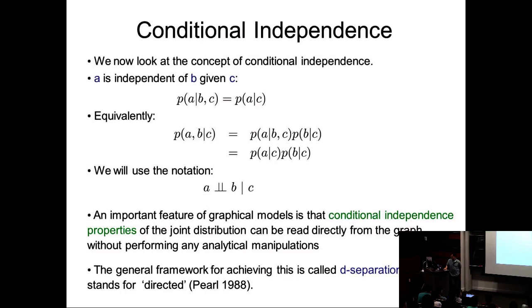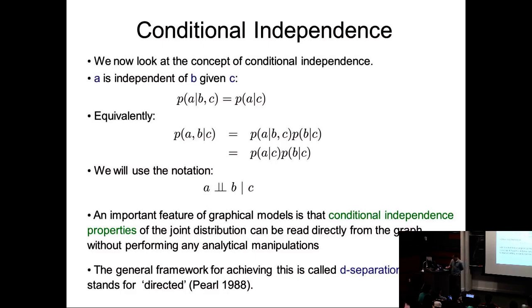So basically I can drop B. Equivalently, if A is independent of B given C, then I can write the joint probability as the product of these conditionals: the conditional of A given C times B given C. That's basically what the meaning is. And we'll use this notation: A is independent of B given C.